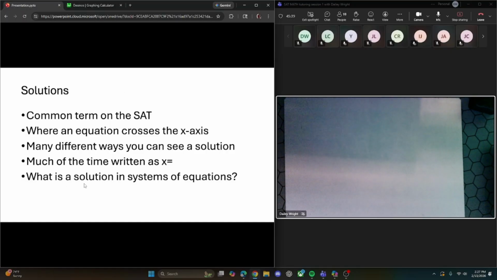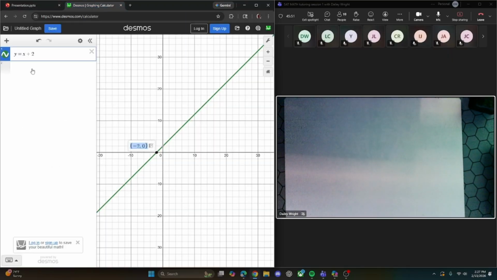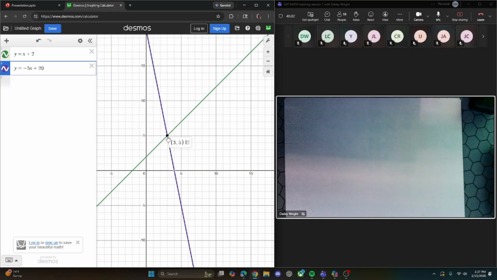And what is a solution in a system of equations? This is something we have to know the difference between. When you have one equation, the solution is where the equation crosses the x-axis, like in this problem. But when you have two equations, like y equals negative 5x plus 20, the solution is where the two lines collide.